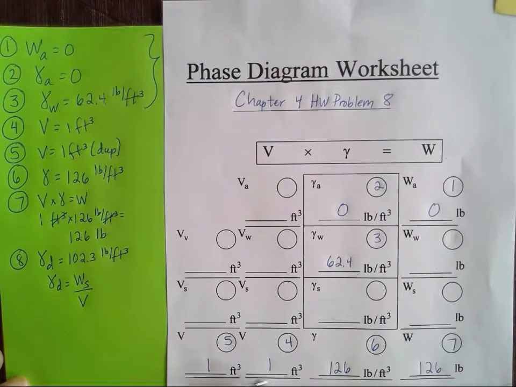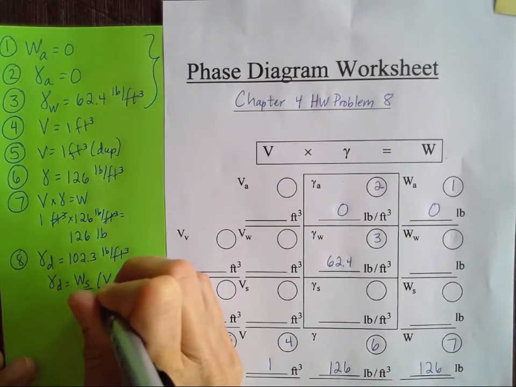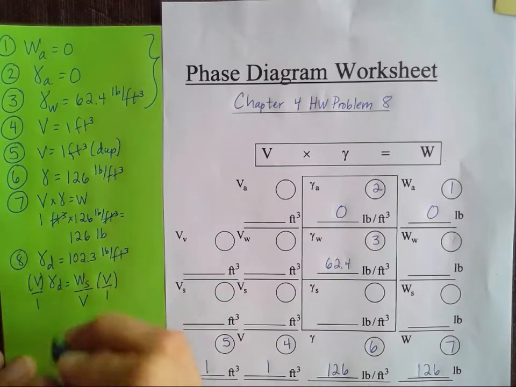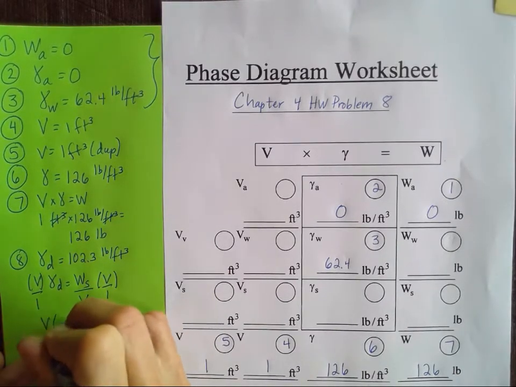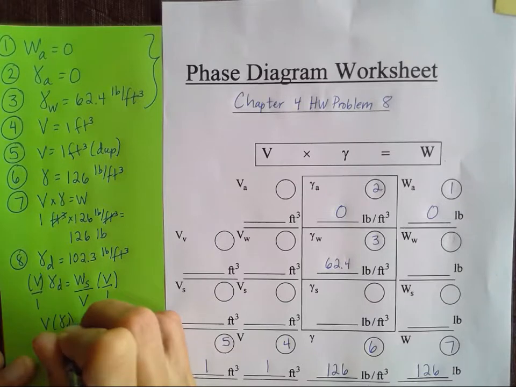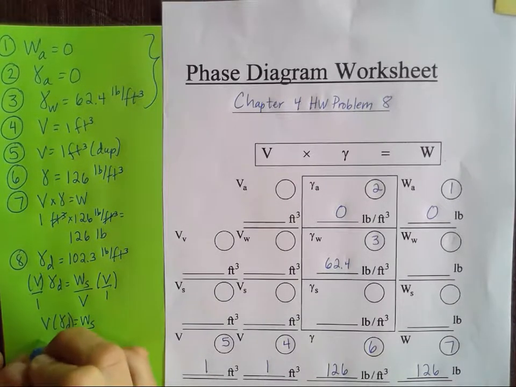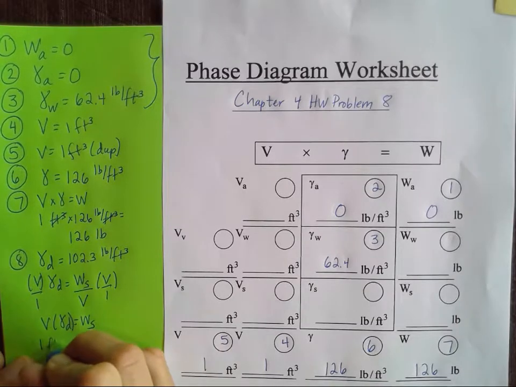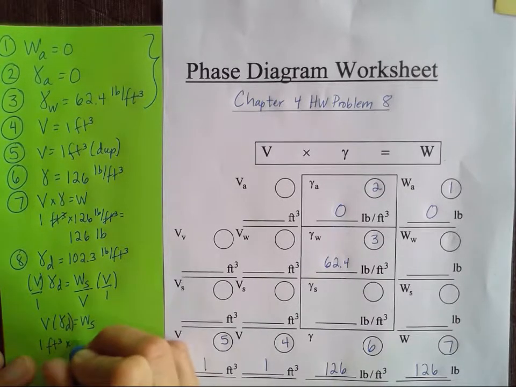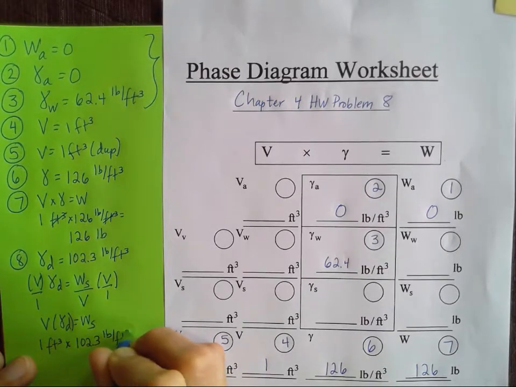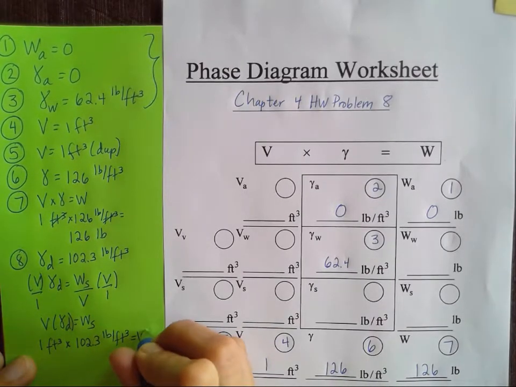And happily here, I know the total volume. So if I multiply both sides by that total volume, I can find my weight of the solids. So volume times gamma D is going to give me the weight of the solids. In this case, my total volume is 1 cubic foot, and my gamma D is 102.3 pounds per cubic foot.